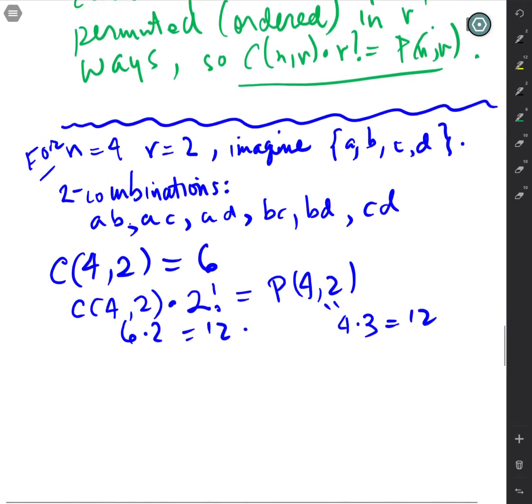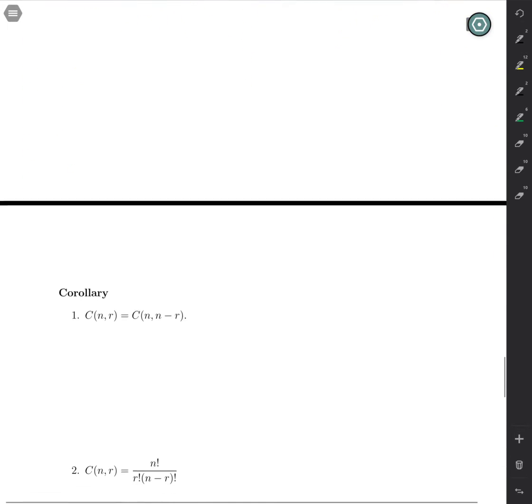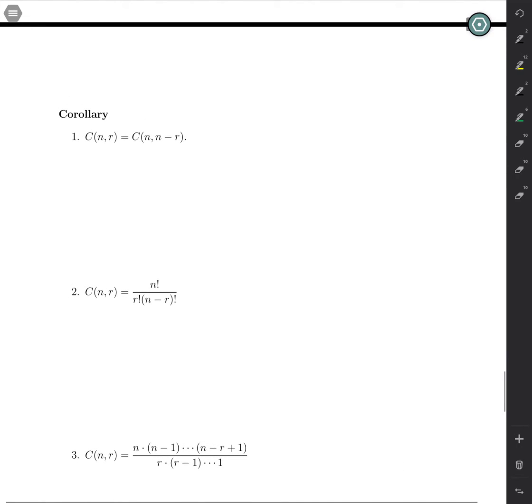So let's do a few of these calculations to get some other formulas. One formula says that C(n, r) is the same as C(n, n minus r). Now what is at heart here is the fact that if you choose an R combination, or a collection of R things from n, you have left behind n minus r.